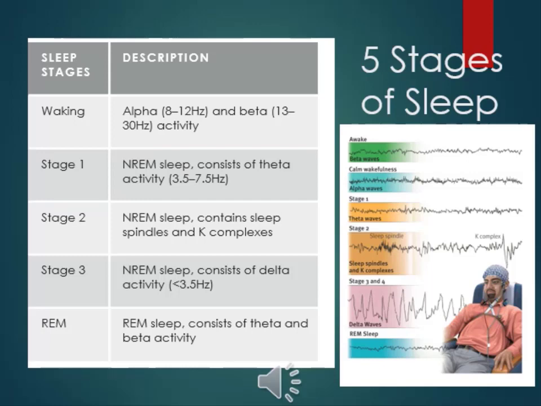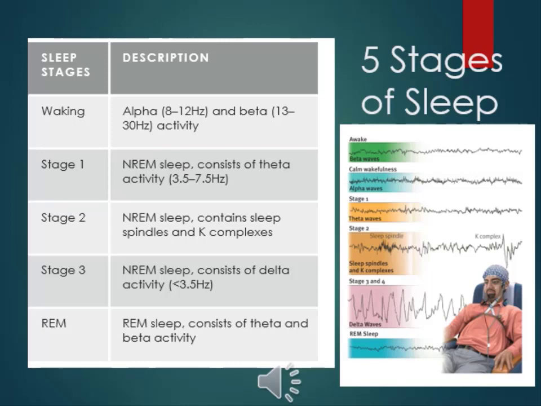With stage 1 or non-REM sleep 1, there's a transition between sleep and wakefulness. The theta waves are evident here, and people will experience hypnic jerks. This period lasts about 10 minutes.